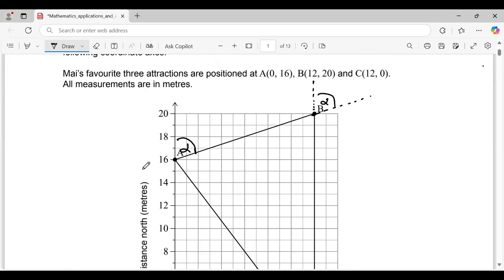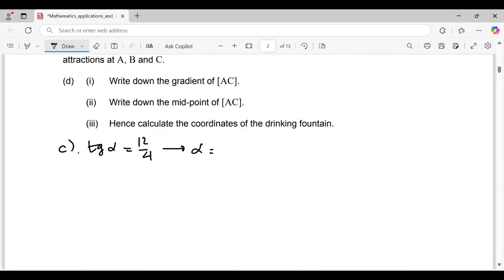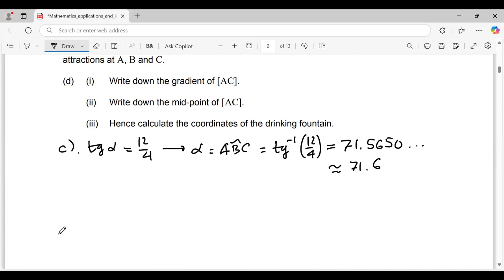So alpha equals angle ABC. Angle ABC is the inverse tangent of 12 over 4, which equals 71.5650. Rounded off, it becomes 71.6.